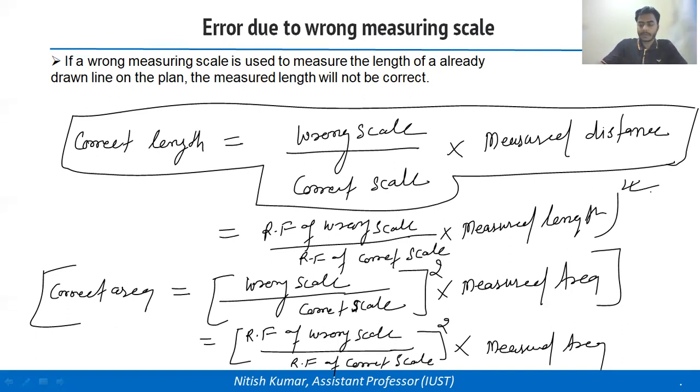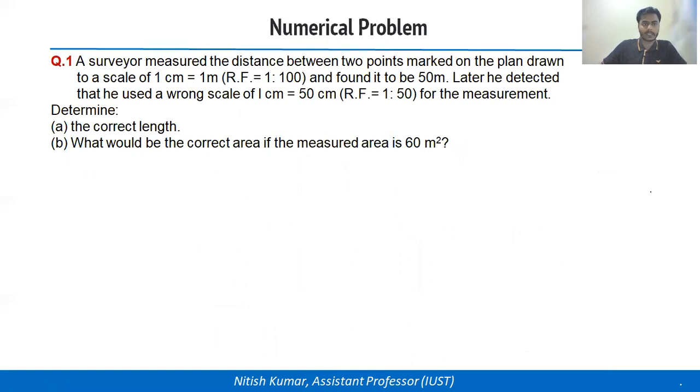Okay. Let me show one example so that you can be very clear about this. So see here. A surveyor is that person who does the surveying work. Say a surveyor measures the distance between 2 points marked on a plan drawn to a scale of 1 centimeter is equal to 1 meter, RF you can calculate, but it is given 1 by 100, and found it to be 50 meter.